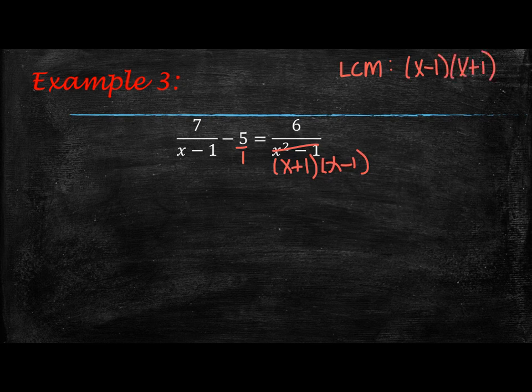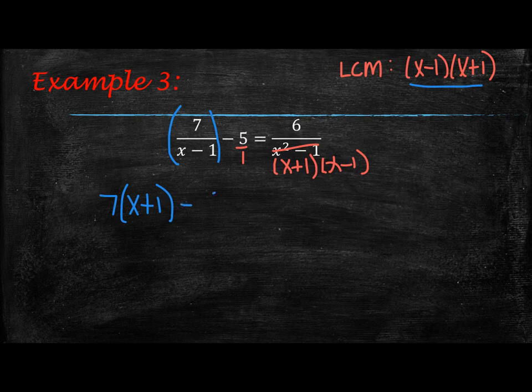Now I'm going to show you something a little different on this one because it's kind of a shortcut. If you multiply this times that LCM, the x minus 1's cancel, so really you're just taking that 7 and multiplying it by x plus 1. So if you want to think of it that way, whatever the denominator's missing, that's what you need to multiply the numerator times.